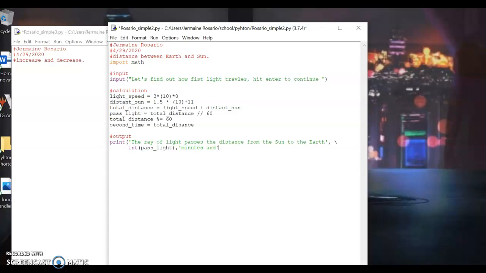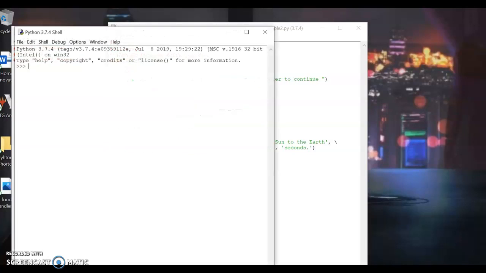And then for the integers in seconds, and then we just add, then we add the seconds, and then that should work perfectly fine.